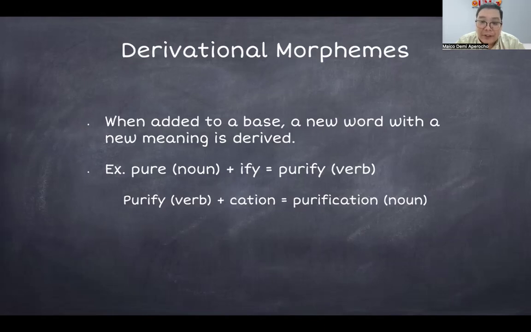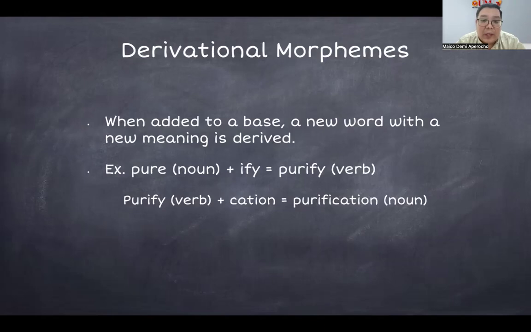Now, I want you to observe the changes in terms of the part of speech. Originally, we have the word pure, which is, I'm sorry, that should be adjective, no? Pure, adjective, plus ify, purify, to make it a verb. So the transition from an adjective to a verb here constitutes that ify is actually an example of a derivational morpheme.